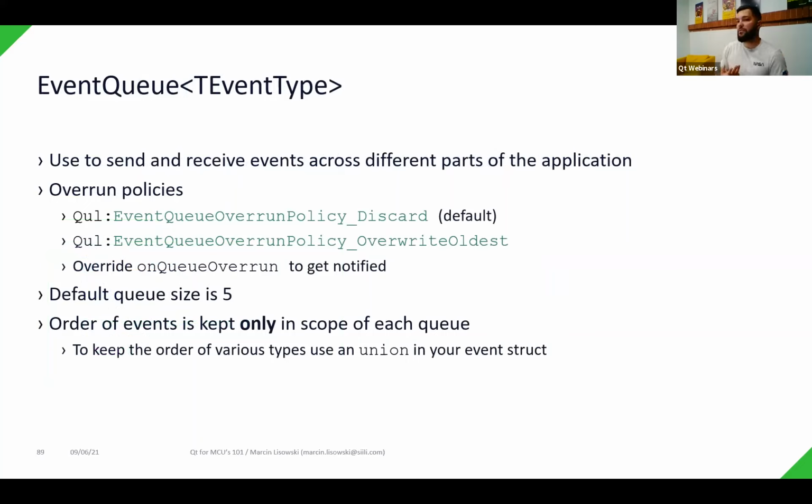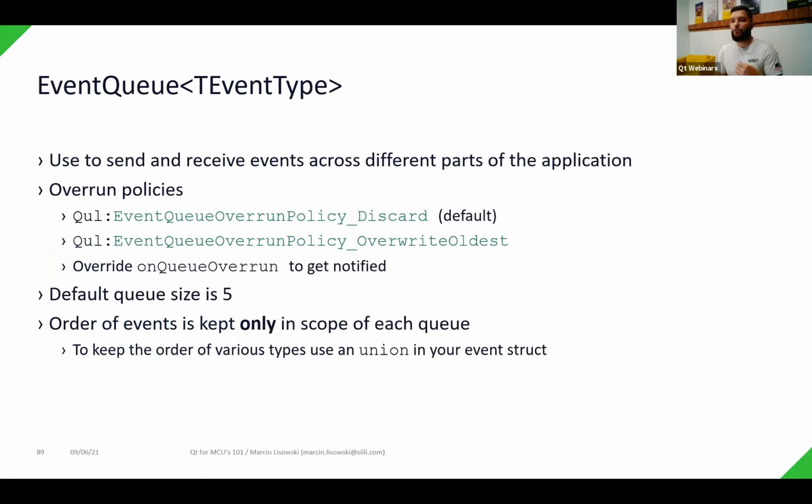To manage events across different parts of your app, there is a pretty useful mechanism, an event queue of a given type, and that type is the type of the message that you are passing between different components in your application. Those components are not only UI components.